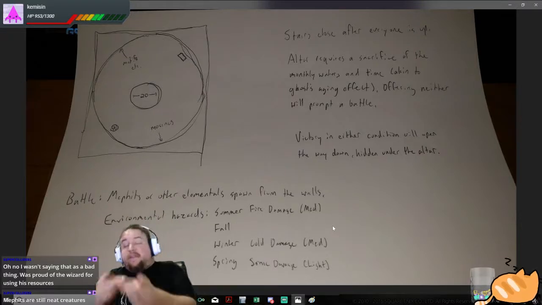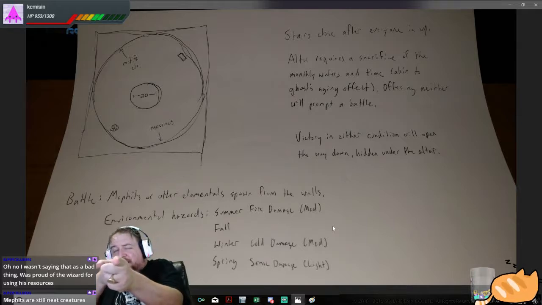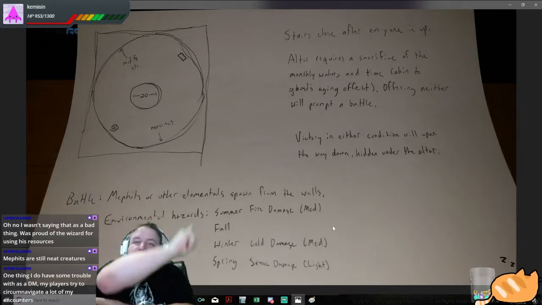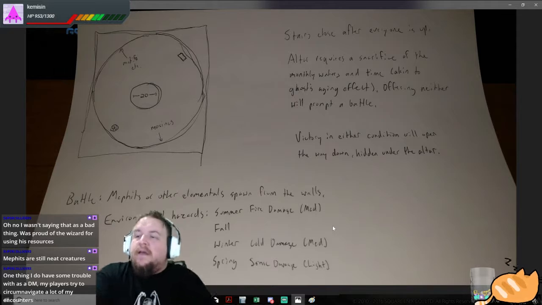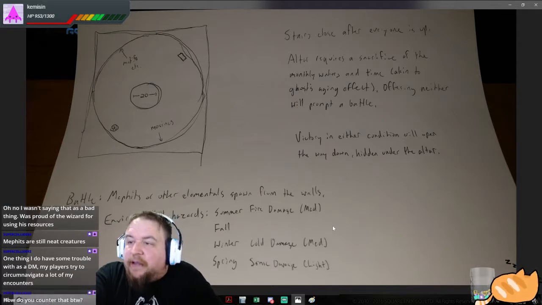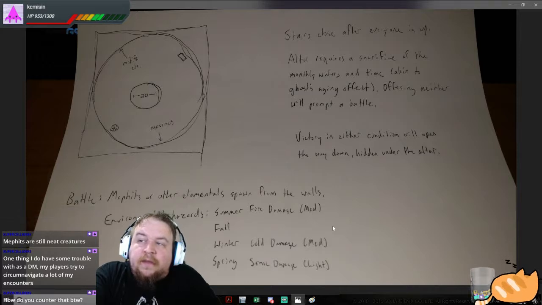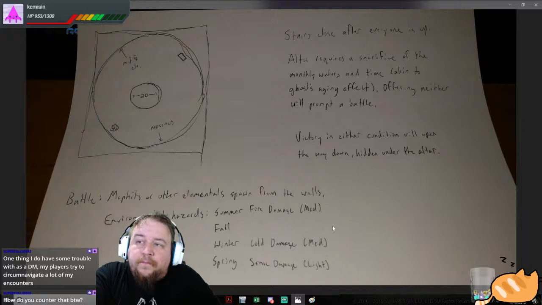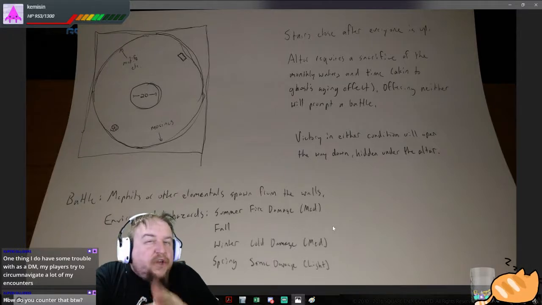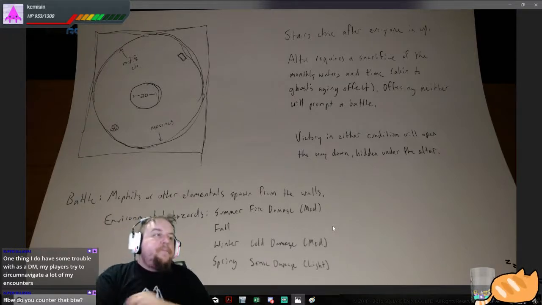Look, if you're playing pool as a wizard and you get that awesome shot where that line goes through everything. One thing I do have some trouble with as a DM, my players try to circumnavigate a lot of my encounters. How do you counter that? By the environmental effects, Collider? Or are you talking about just avoiding them altogether, not just getting around or trying to get out of combat? And in either case, can you provide an example to help support?